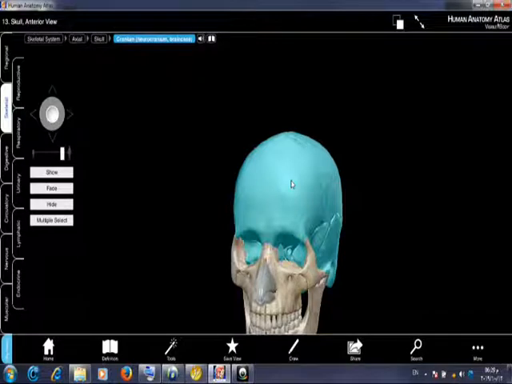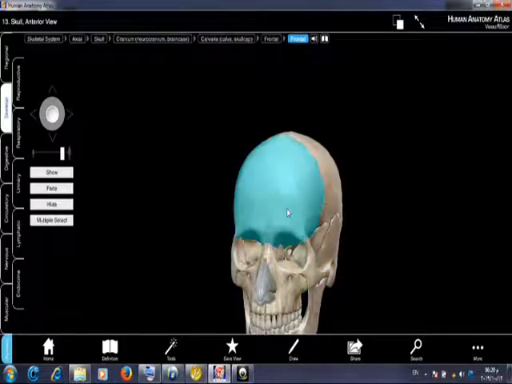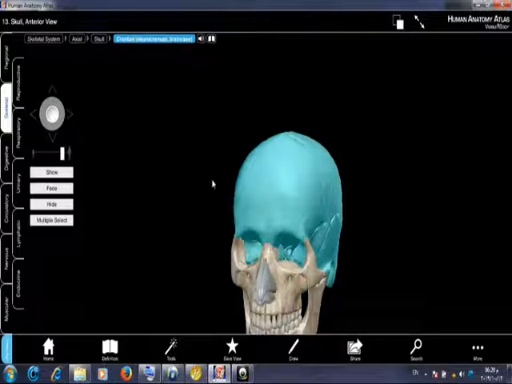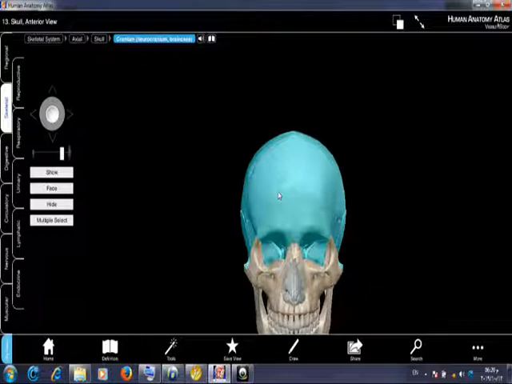So you must know this song. You must save this song in your mind. The skull, not the cranium, and the cranium, not the skull. This is like a song. You must save it in your mind. So if you want to study medicine and anatomy well, you must first know well the difference between skull and cranium.